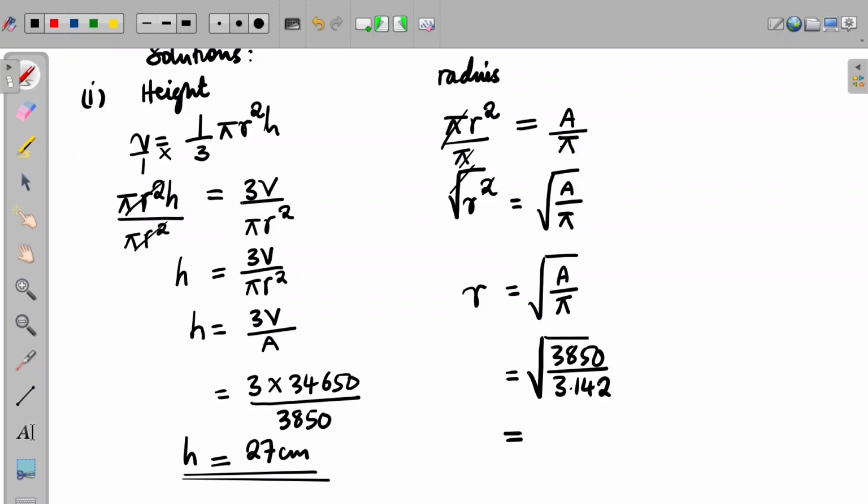So I'm just using my calculator here, 3850 divided by 3.142, I get my answer there. Let me just do this at once. Let me say square root of open brackets 3850 divided by 3.142 close brackets, answer.